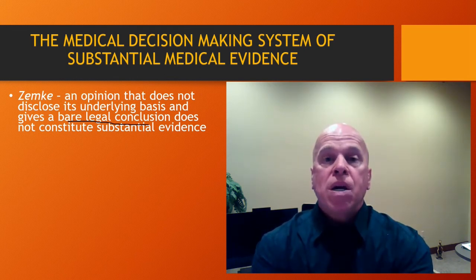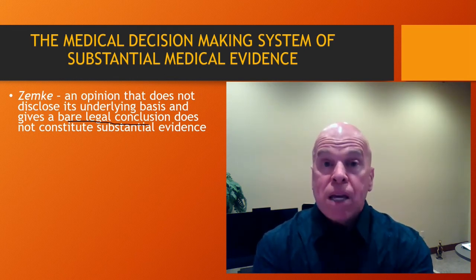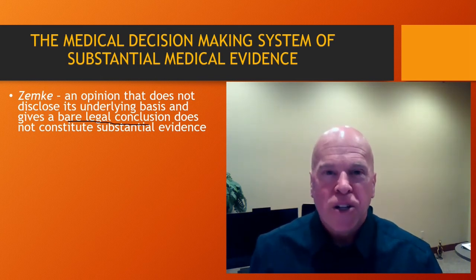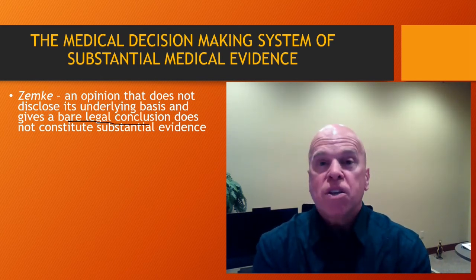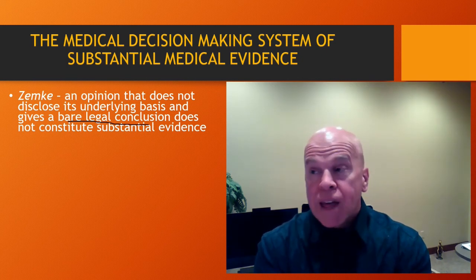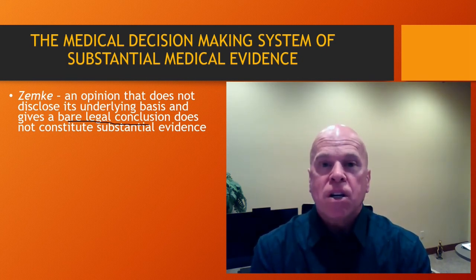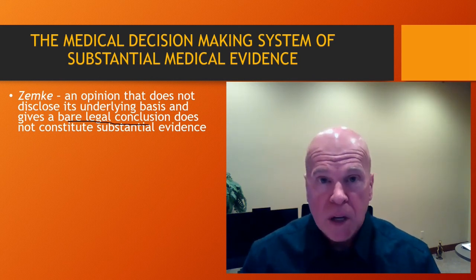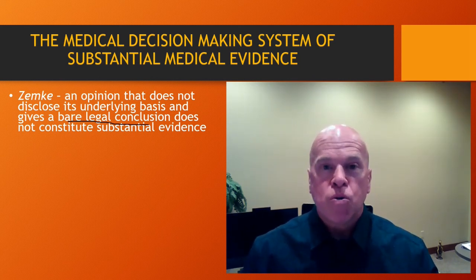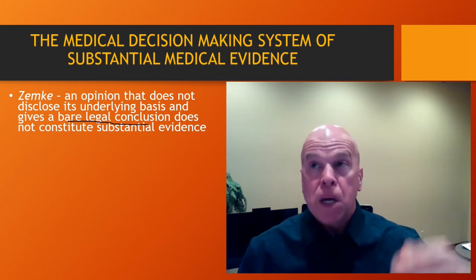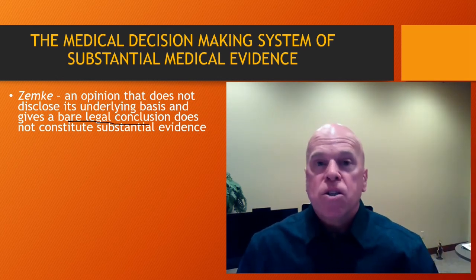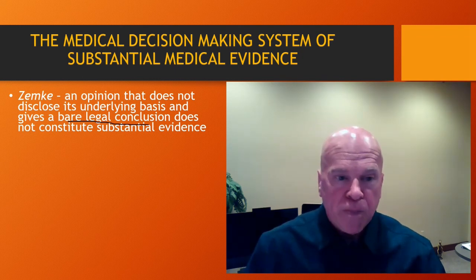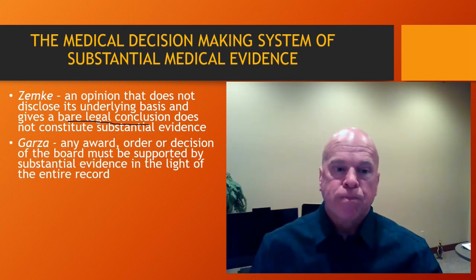And they look to the opinion to see if it contains its basis, its basis for the bare legal conclusion. If the basis is present, then and only then can they look to the content of the opinion and use the contents of the opinion. But first they scrutinize the opinion to see if it's an opinion that qualifies as a substantial opinion by including the basis for the conclusion.